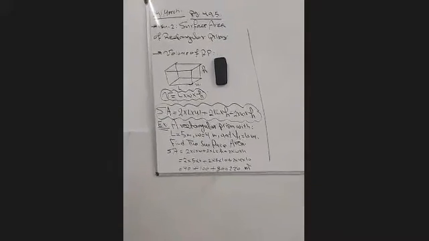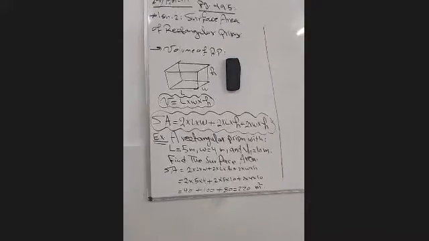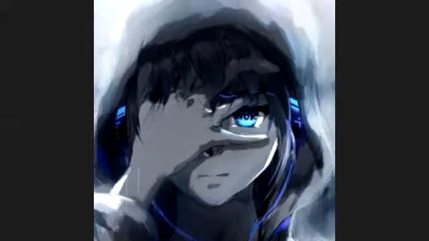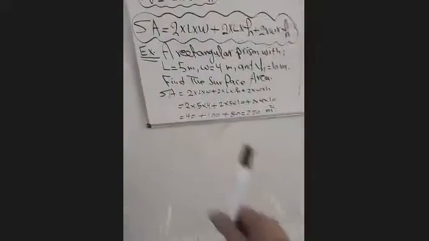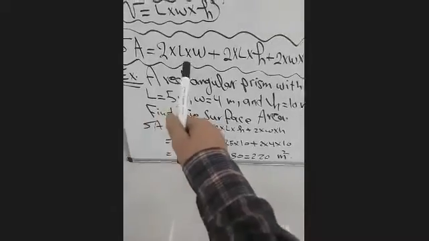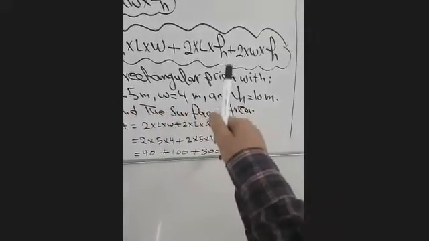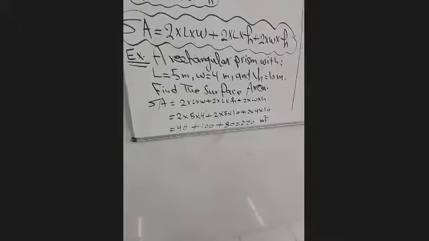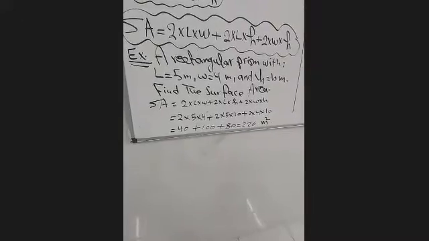Yes. Mister, I did not understand the formula. This formula, memorize it: 2 by length by width, 2 by length by height, 2 by width by height. Why is it length by width? Why not length by height?